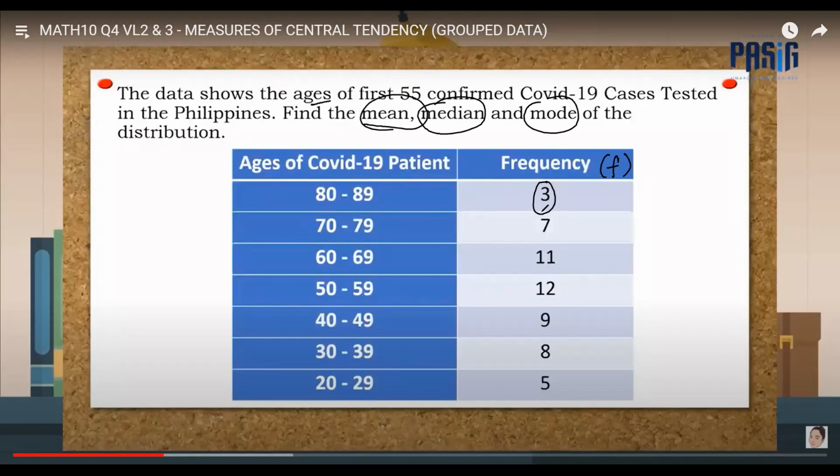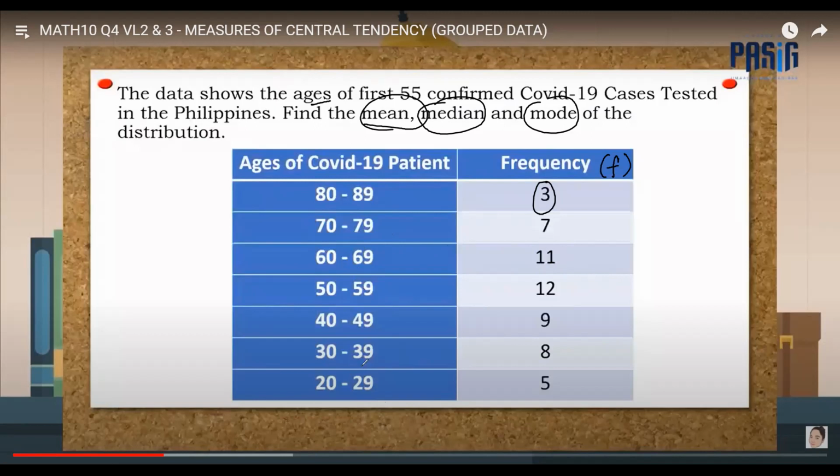So ibig sabihin nitong tatlo, yung age ng tatlong patient na yan is under 80 to 89. Okay? Itong 7 na to, yung age ng 7 patients na yan ay 70 to 79. Itong 11 na to, yung age ng patients na yan is under 60 to 69 and so on.